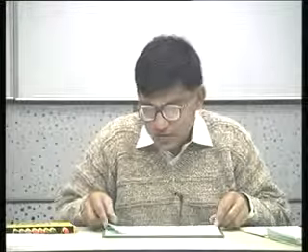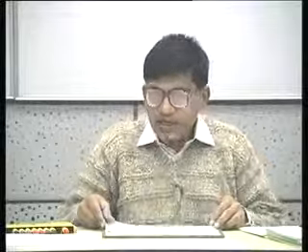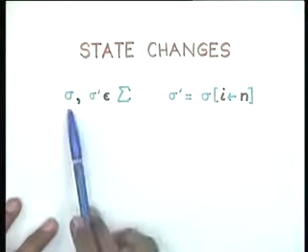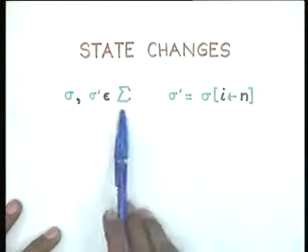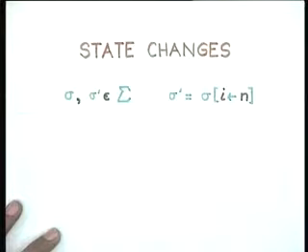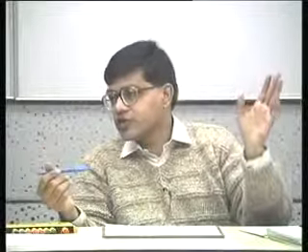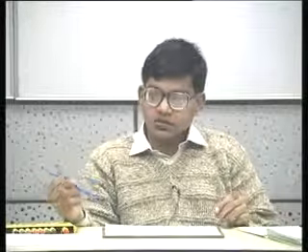We'll look at state as an abstract concept which has got nothing to do with memory or whatever, and we'll look at state changes. So given two states sigma and sigma prime belonging to the set of states, we assume that there is a predefined collection of variables V always. Since there are no declarations, we have to assume an unbounded collection of variables available to us, and we'll just assume that they all have some value associated with them.